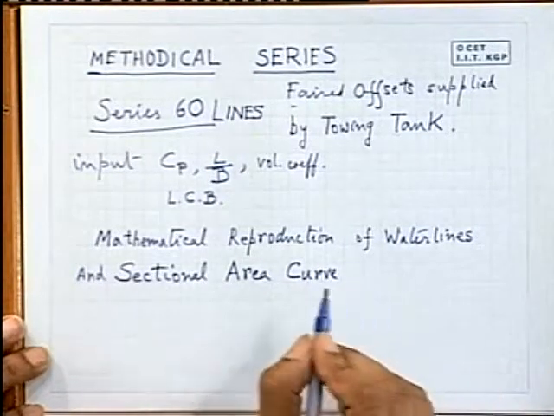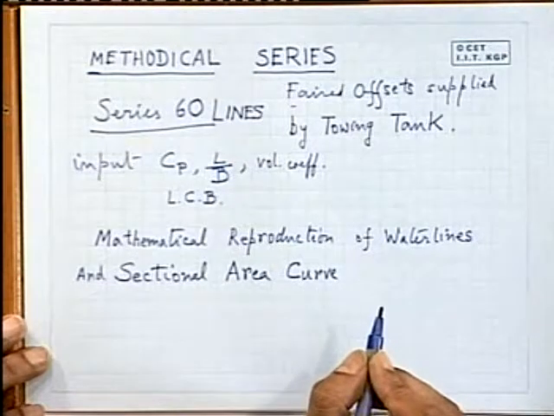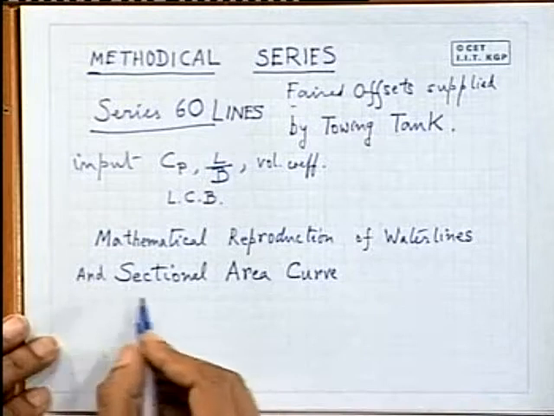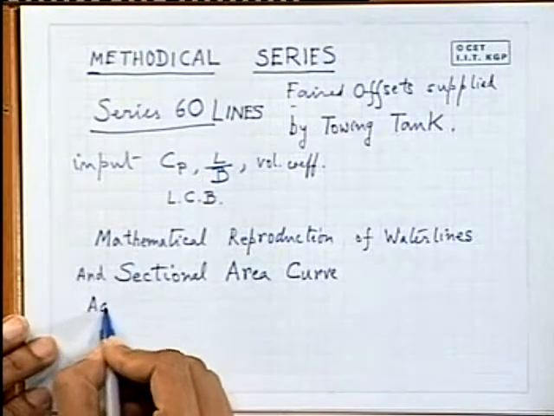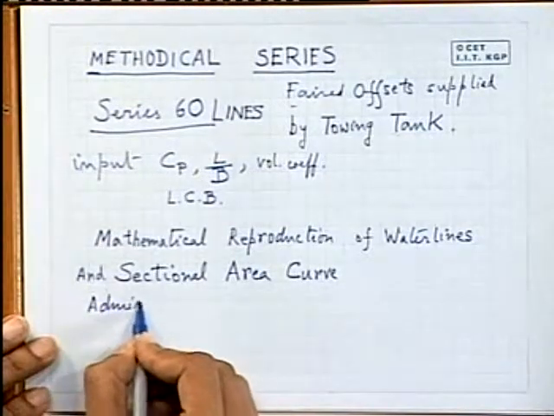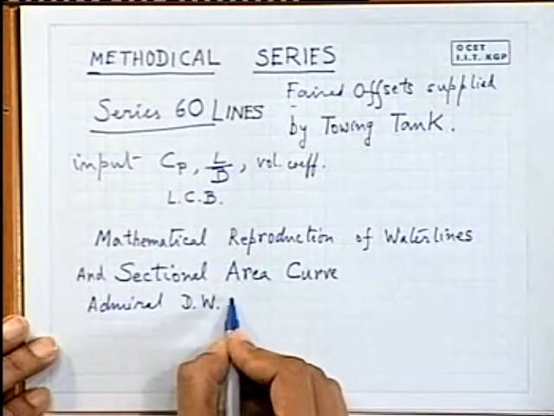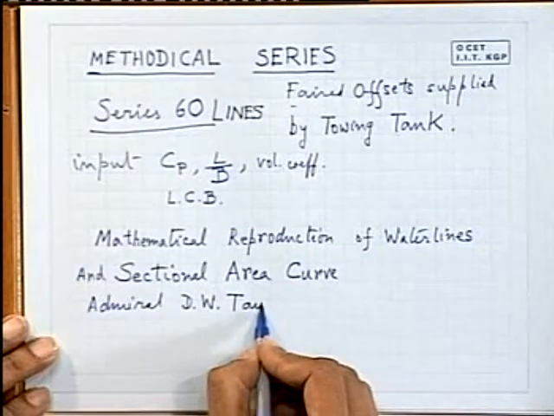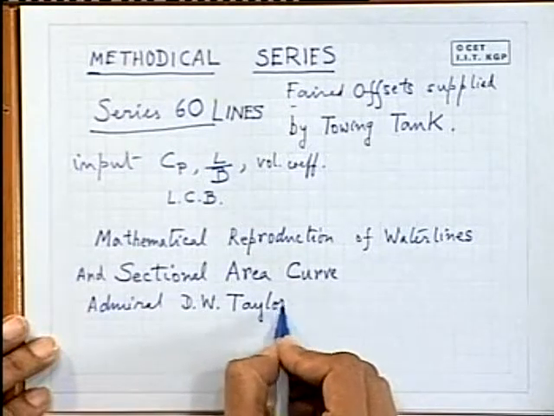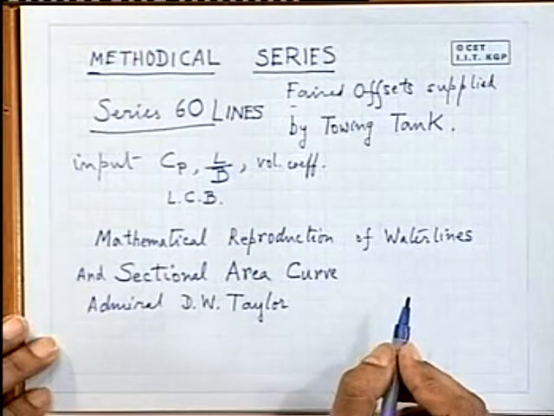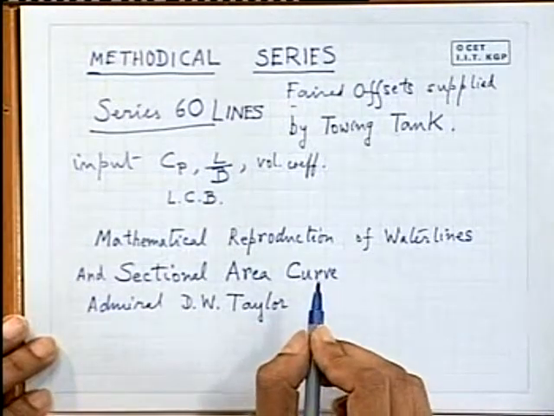Now here, gentlemen, this took place a long time back in 1915. This person is an admiral, Admiral D.W. Taylor. He proposed a curve line which will have some ship coefficients, or coefficients of hull form characteristics.